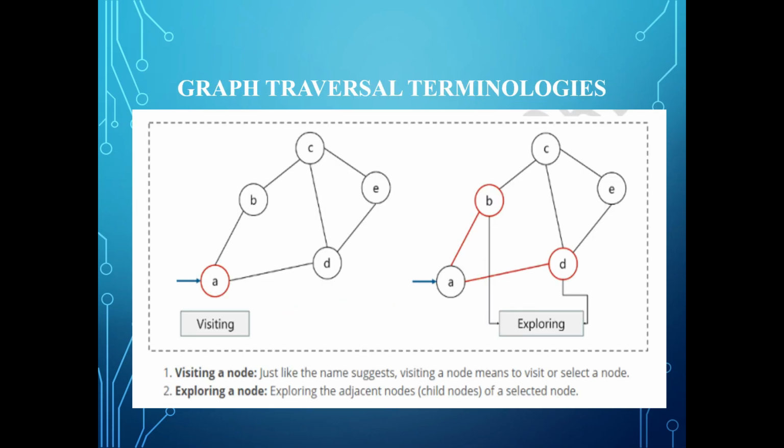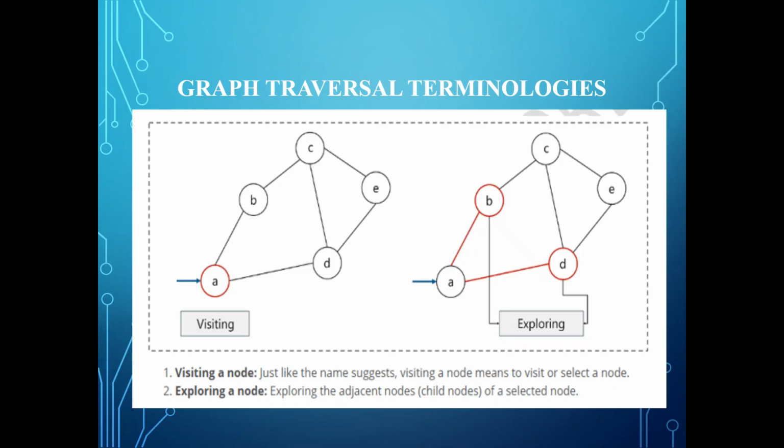This slide explains two basic terms used in graph traversal, visiting and exploring. On the left side we see visiting a node. Visiting simply means selecting or reaching a particular node. For example, starting at node A, we are only marking the node, not moving to its neighbors yet.